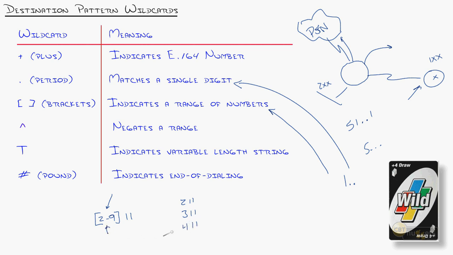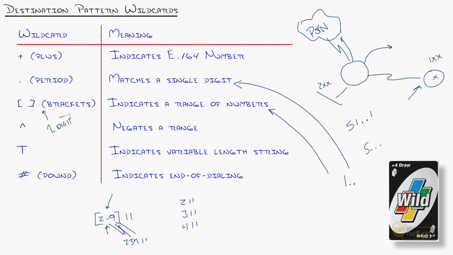Now, where the confusion comes in, the reason I take some time to explain that fully, is because sometimes people go, well, does that match if I did 2 3 4 1 1? Because 2 is in there, 3 is in there, 4 is in there. Well, yes, but this only represents one digit. Whenever you are in the bracket world, it always represents one digit.